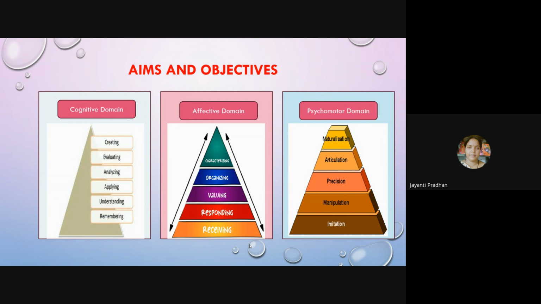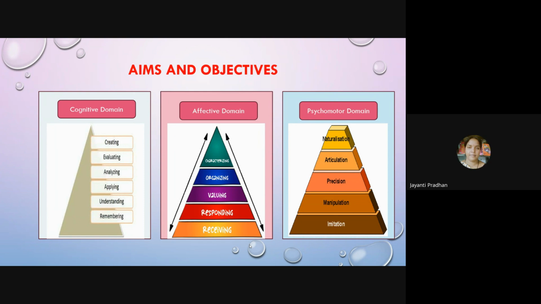Which area is broad? And at that broader area, which one is placed? The levels are written in the boxes, but at the bottom, which one is there? Understanding. Below that, nothing is there? Remembering. Yes, remembering is there.